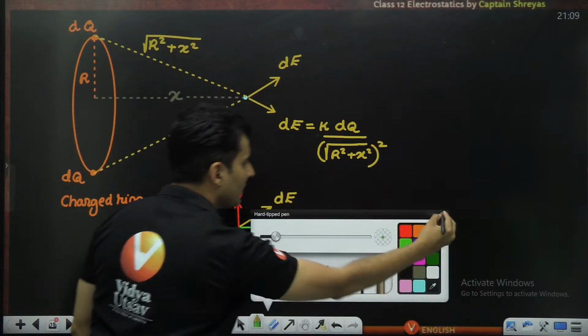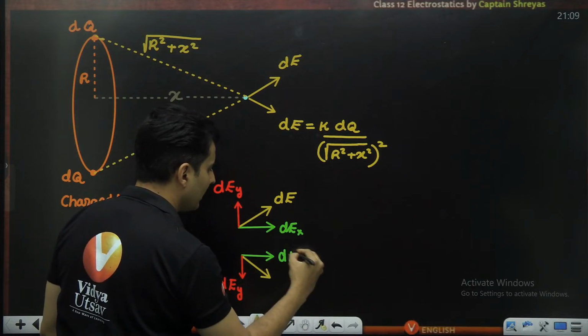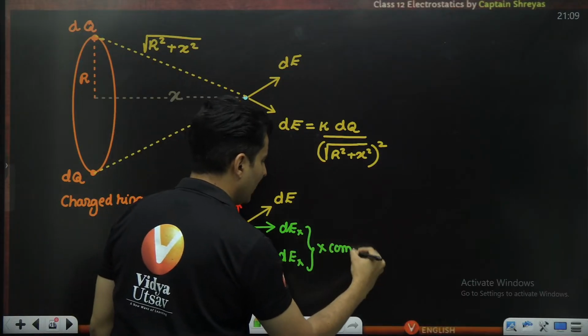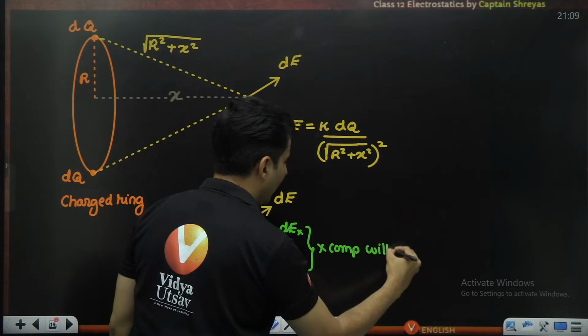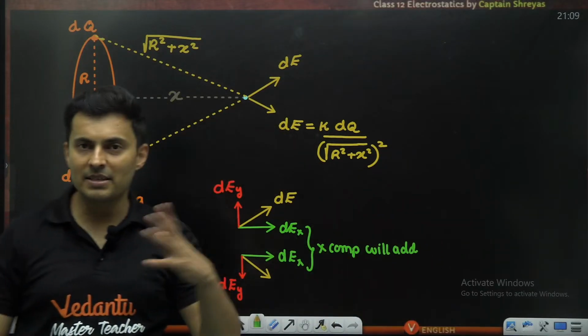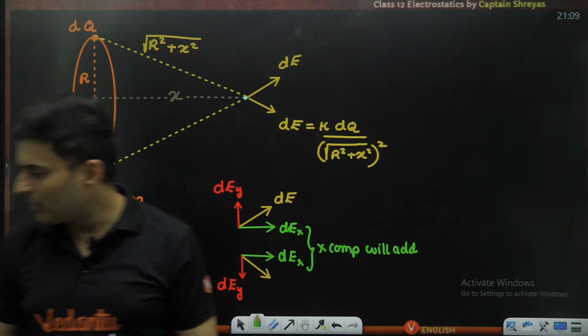But it is only their x components which add. dE x and dE x, these x components will add. That is what will be remaining. Nothing else will be remaining. They will add up. Is that clear, everyone?